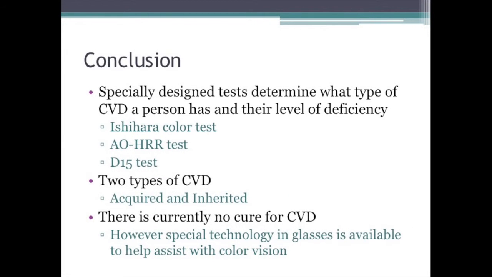We also discussed the specially designed tests to determine what type of CVD a person has and their level of deficiency. Some of the tests we covered were the Ishihara color test, the AOHRR test, and the D15 test. We also mentioned how there are 2 types of CVD, acquired and inherited CVD. To conclude, there currently is no cure for CVD. However, special technology in glasses is now available to help assist with color vision.